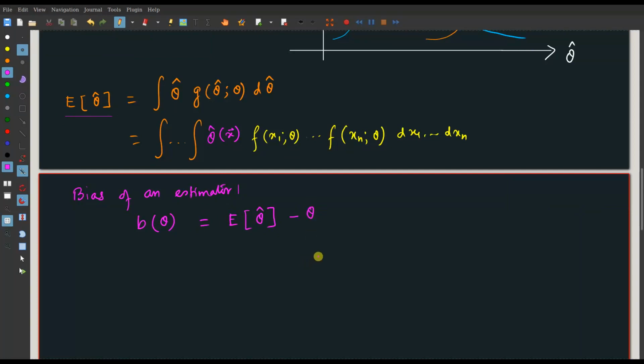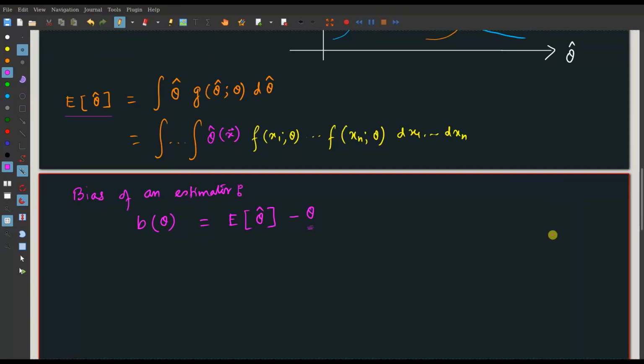That means if the expectation value of theta hat coincides with the true value of theta, then the bias for that estimator will be 0.